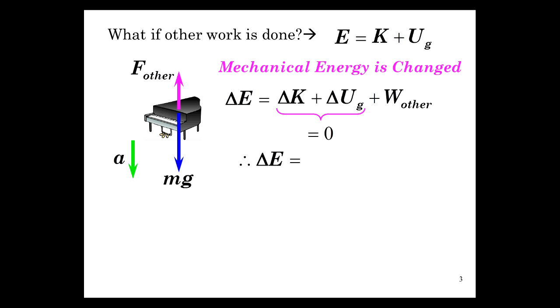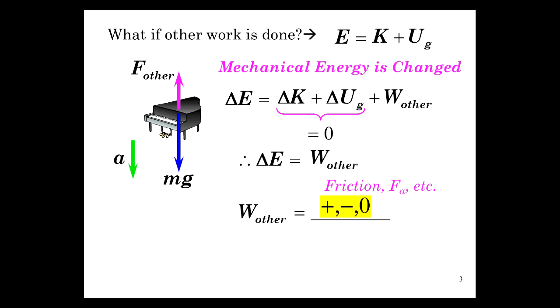So delta E really just comes down to work other. So if there is a change, other work has been done, something other than kinetic and potential energy change. All right, so this is friction, applied force, or something like that.